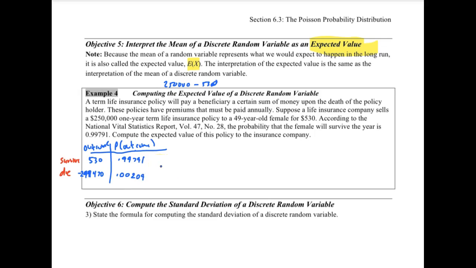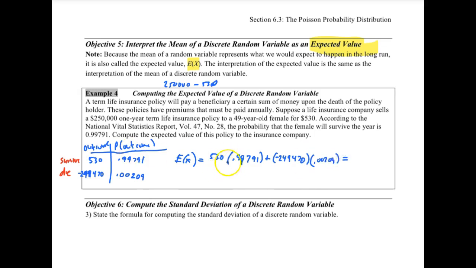Now compute the expected value of this policy to the insurance company. The expected value for this policy is going to be, they make $530, 99.791% of the time, and then they lose $249,470 0.00209% of the time.